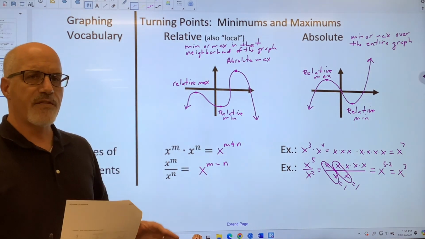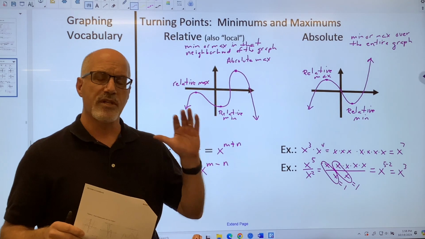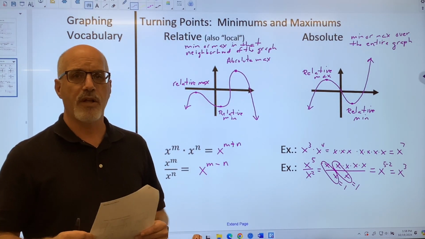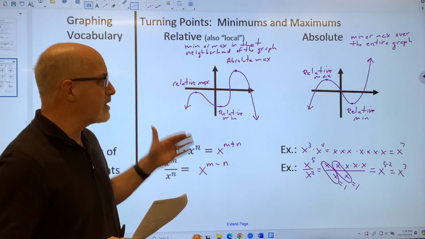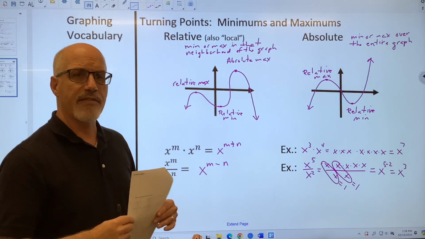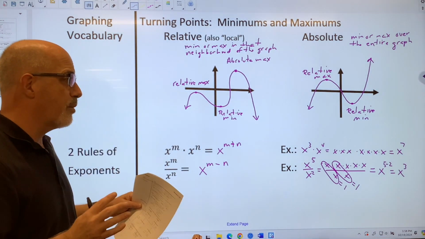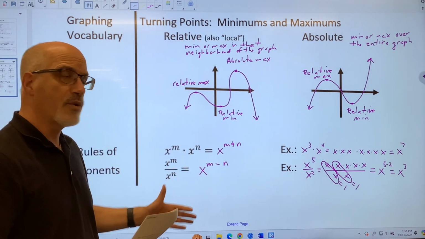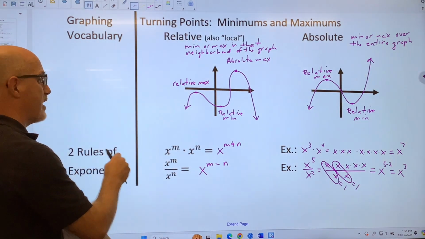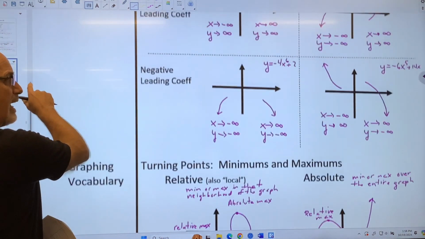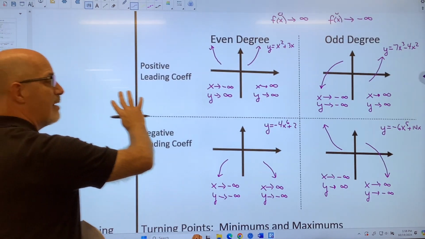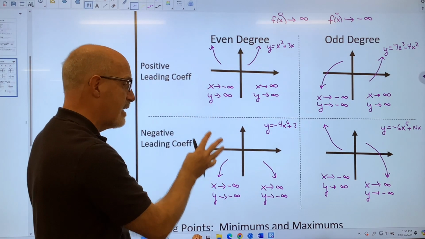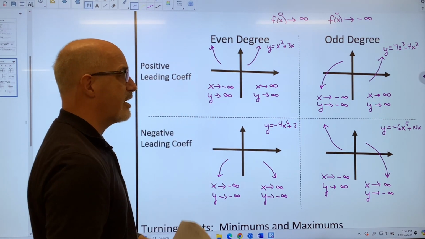So we've covered a lot of information in this first section about classifying polynomials, the vocabulary involved with polynomials, and also the vocabulary related to graphing. Some of this will be a review, like these rules of exponents, but some of this information, like end behavior, is probably brand new, and it will be something you'll have to spend some time working on to get used to.